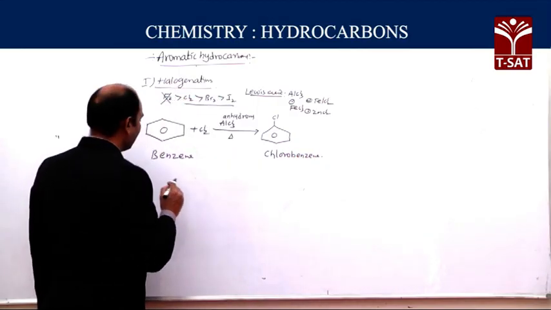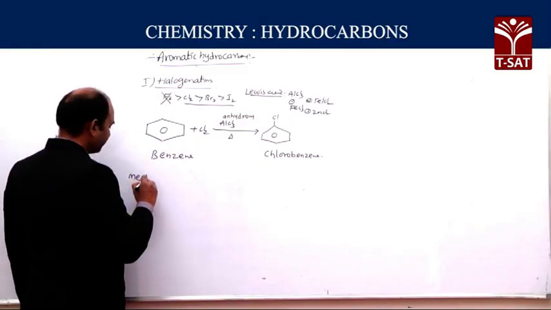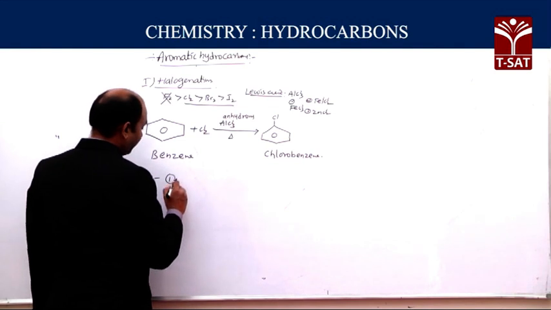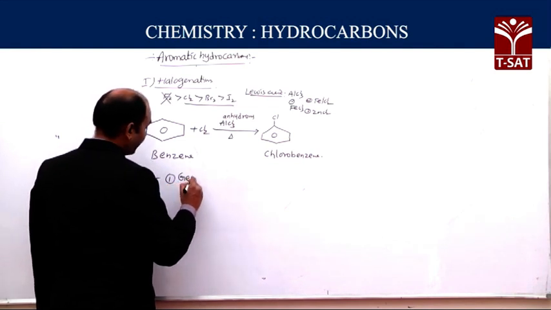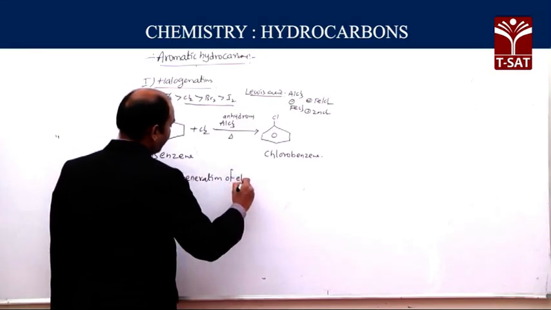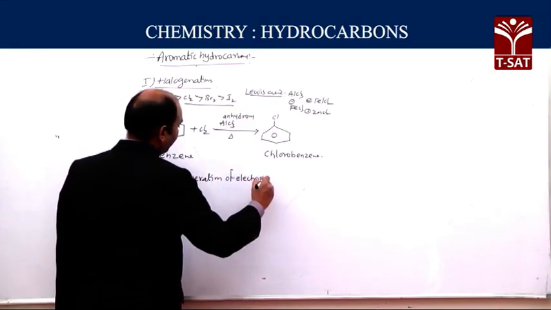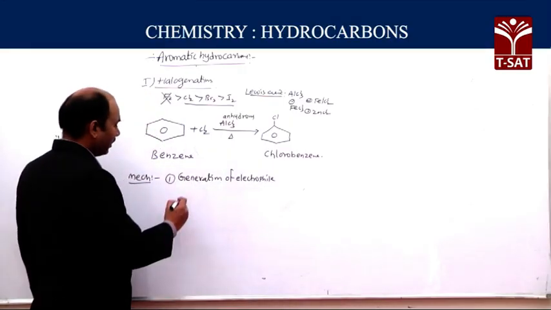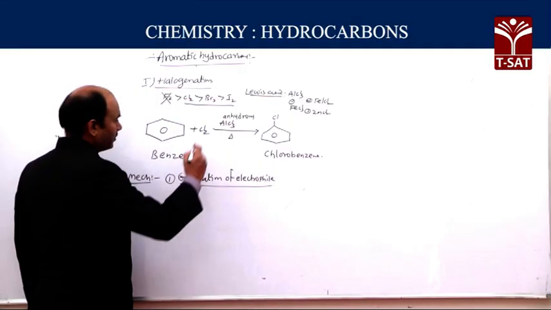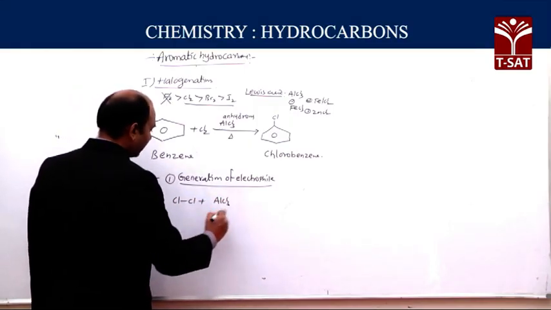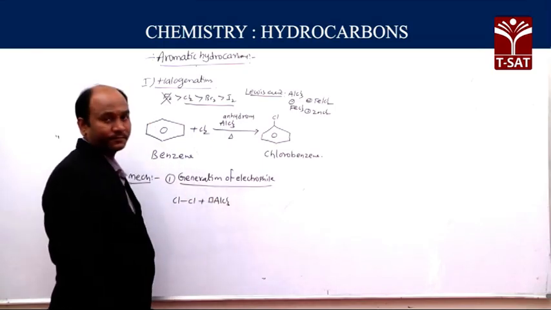Now what happens here? Again the mechanism. The first step is generation of electrophile. How is the electrophile generated here? First of all, Cl-Cl plus AlCl3, which has a vacant orbital.